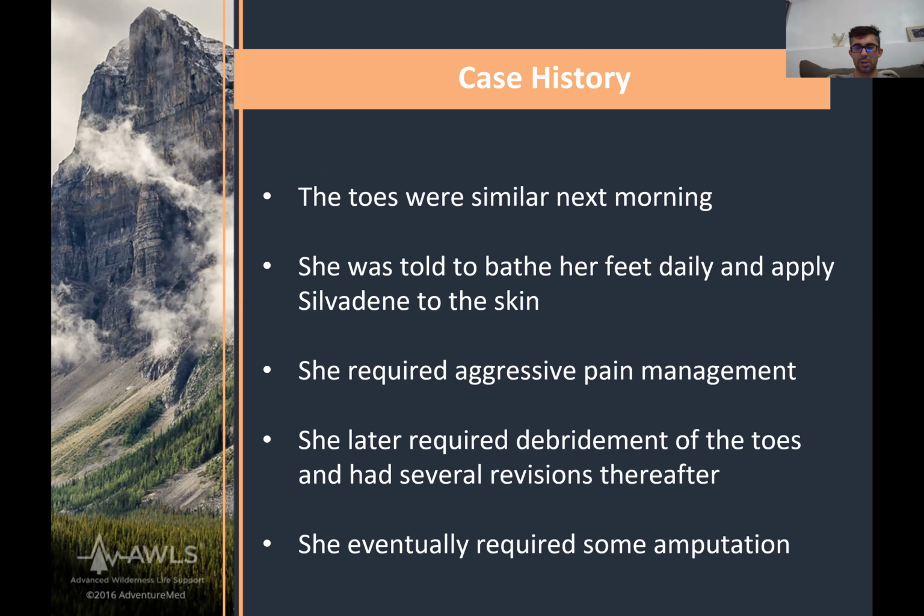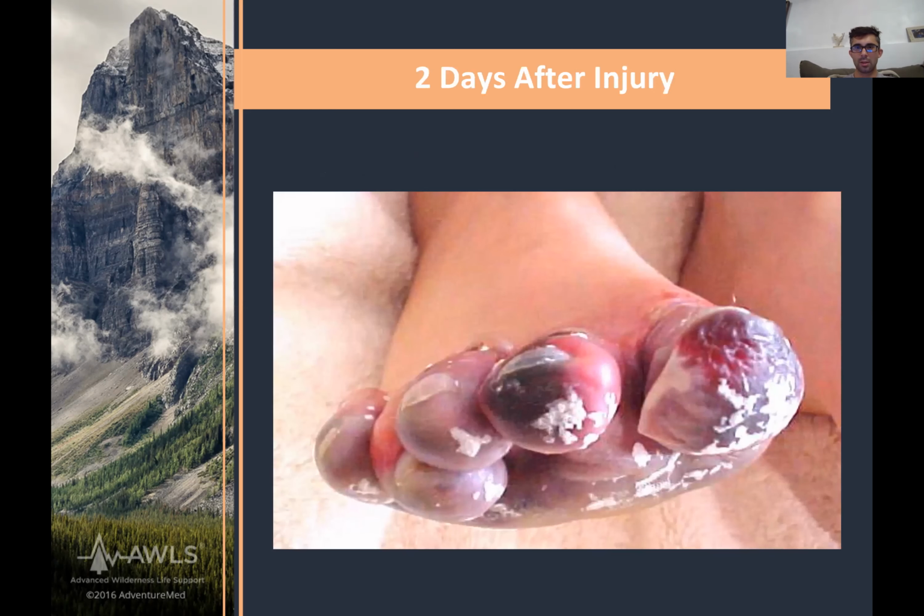Discharge instructions: she was told to bathe her feet daily and apply Silvadene. She required aggressive pain management. She later required debridement several times, and she did eventually have several amputations. So this is 2 days. You can see each toe is affected, but to differing degrees.